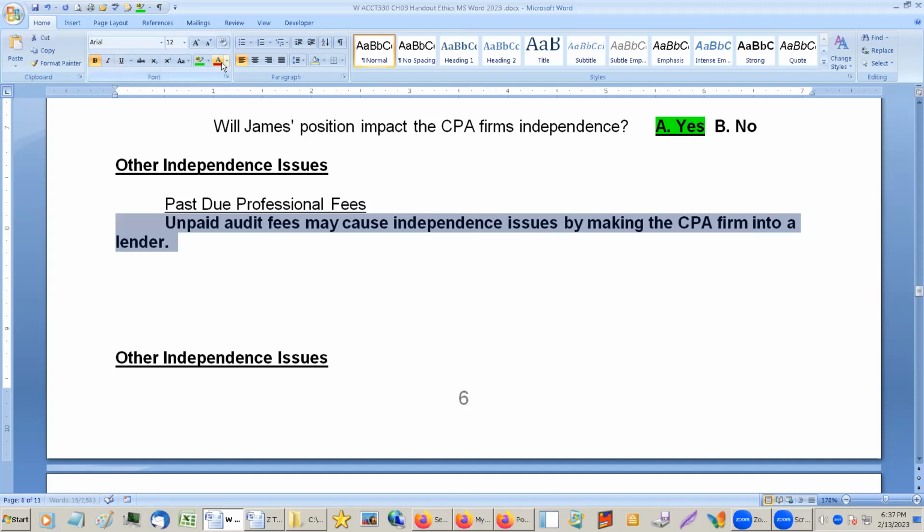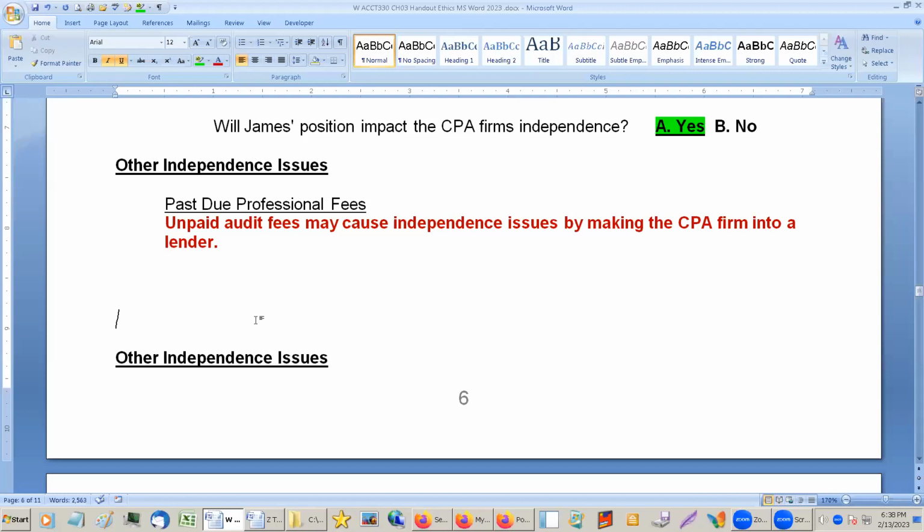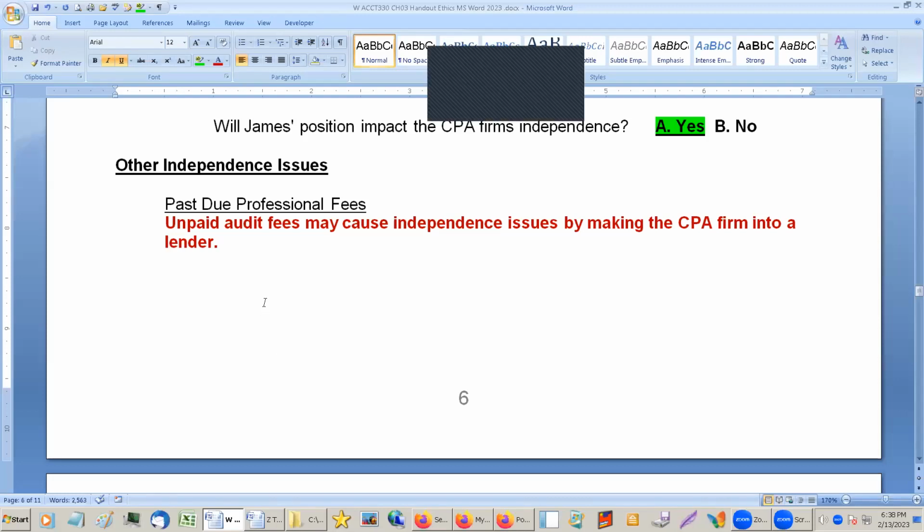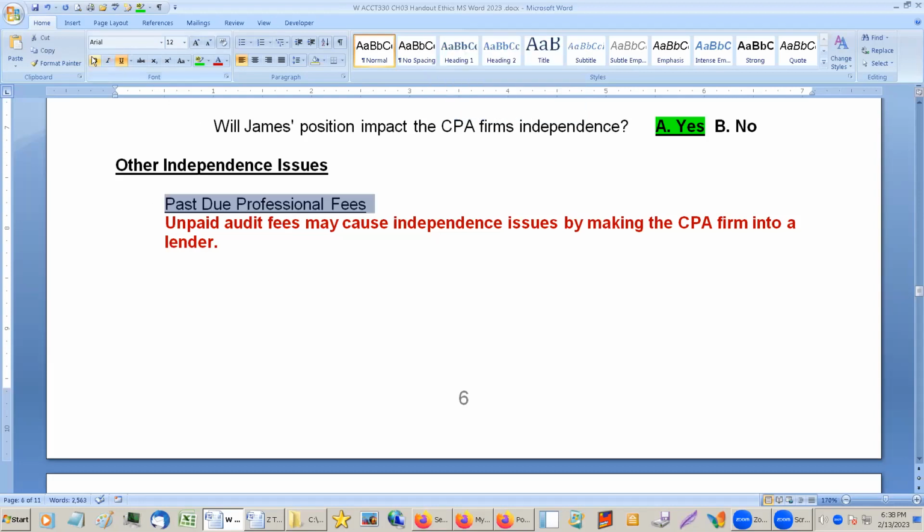So you did an audit, they haven't paid it yet, or they haven't paid some of the fees, whatever it is. With unpaid audit fees, notice that now you have a financial interest in the client, because you want the client to be successful so that you can get your audit fees paid. So unpaid audit fees are an independence issue, and you cannot do an audit if there are unpaid fees, because now you are an investor, you're a lender to the client. So they have to pay the audit fees before you can work on their audit. It sounds strange, but that's actually a big one.